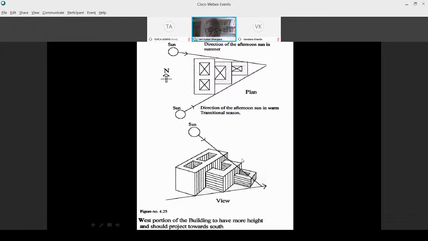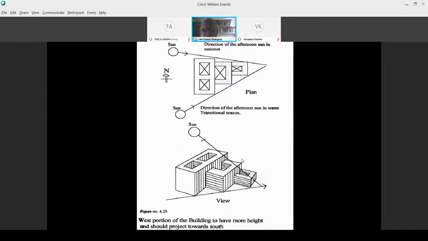You see, friends, here is the position of the sun in the transitional period during the afternoon, and you can make out how each part of the building, as we move from east to west, is projecting out with more height towards south to shade the part of the building and the facade with lesser height in front of it towards the east.